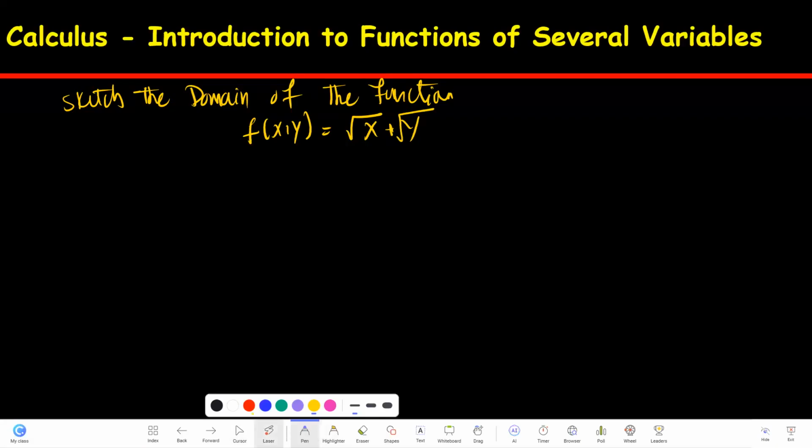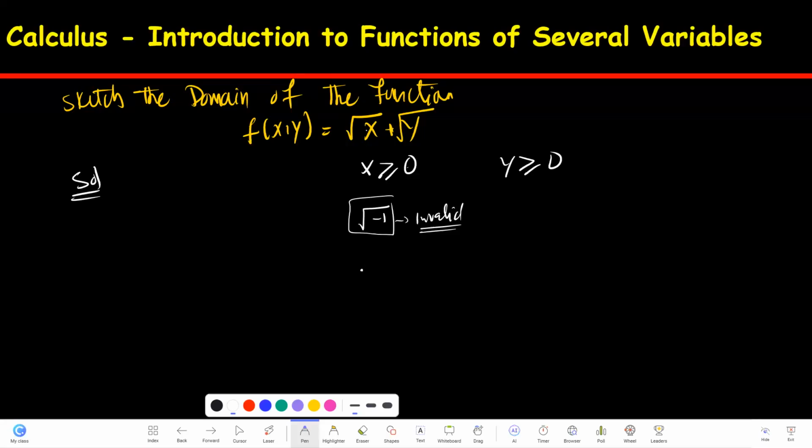So what I'm going to do is a verbal evaluation. When I say verbal evaluation, I'm going to say, you know what, x should be bigger than or equal to 0, y should be bigger than or equal to 0, because if you substitute x equals -1, this is an imaginary number, so it is basically invalid. My domain should be known or determined. If I make it -1, it's going to be indeterminate. So I can go up to 0.